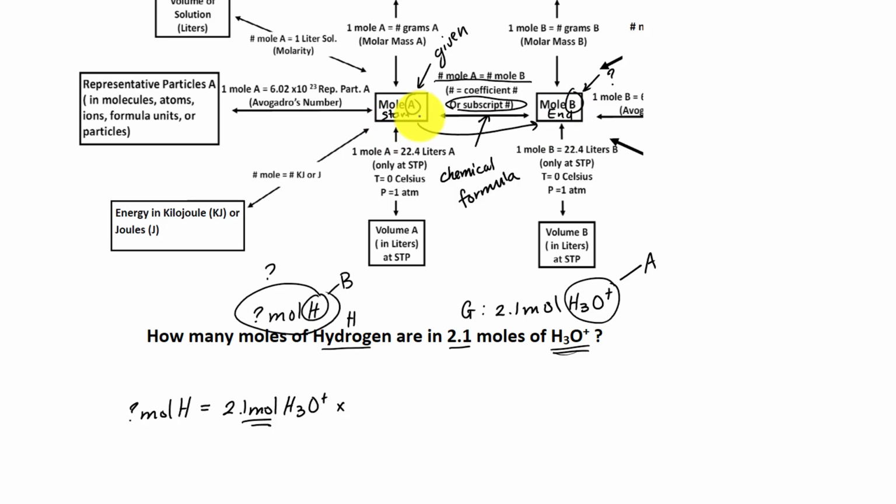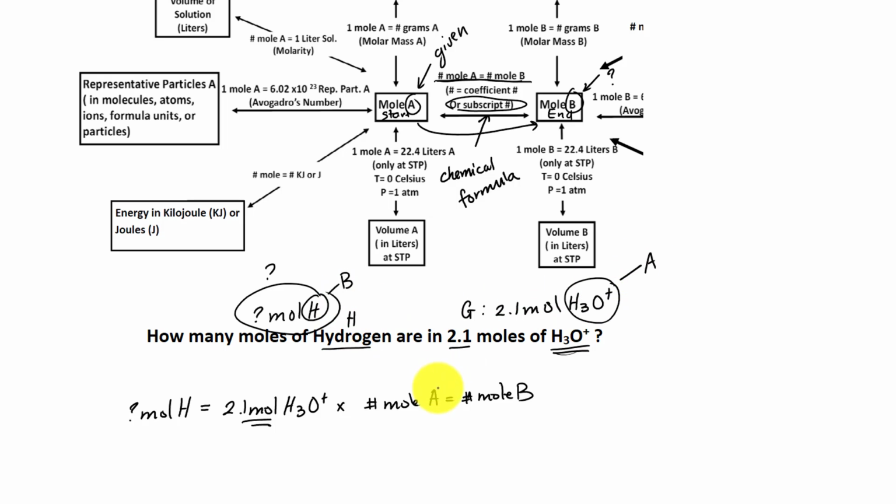So to get from mole A to mole B, I just need to multiply by this conversion factor, which is the number of moles B per number of moles A. There you go. And notice all I have to do now is substitute in what A and B are.